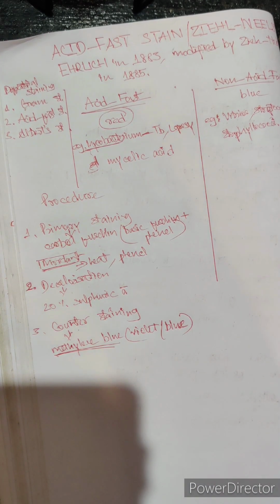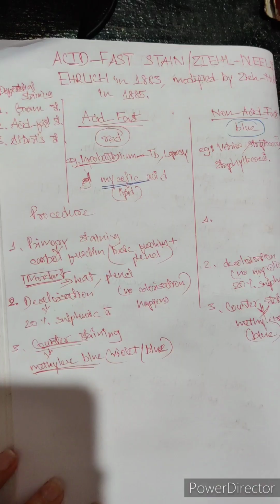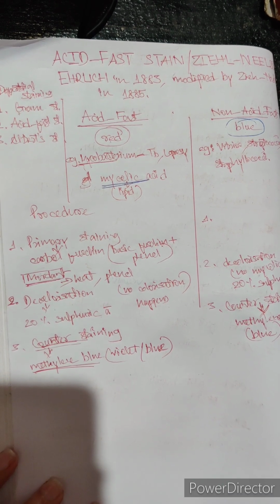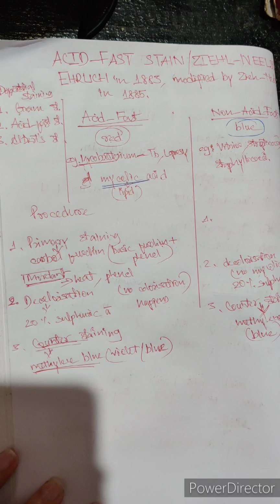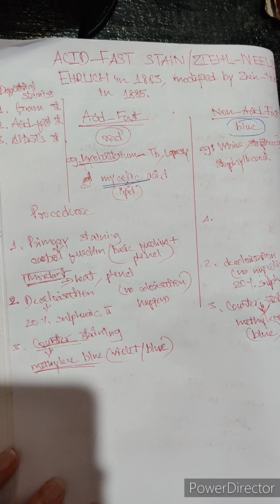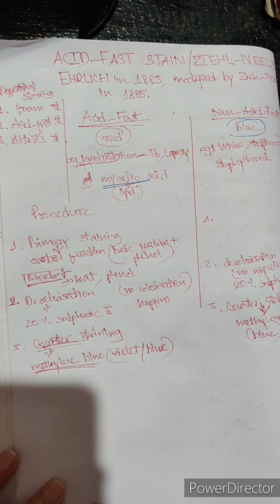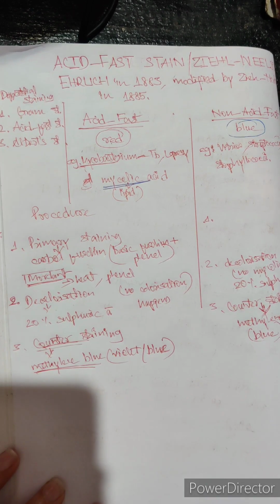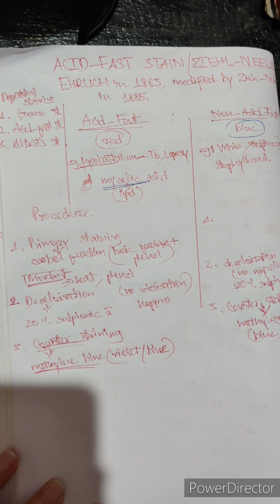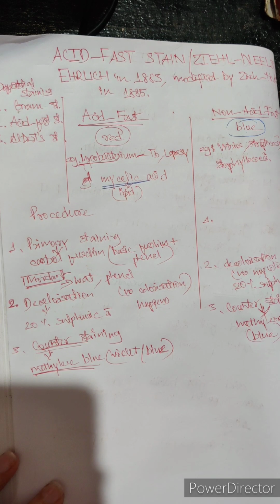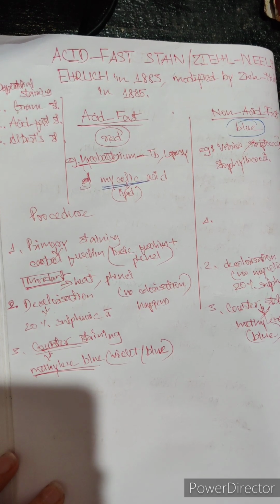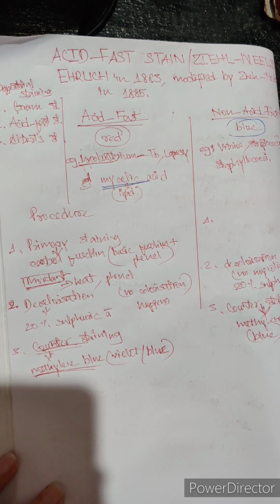Obviously, your mycolic acid is impermeable, and it is easily soluble with your primary stain, which is your carbol fuchsin. Since it is easily soluble in mycolic acid, even after the decolorization step it is already dissolved evenly, so it is impossible to decolorize.